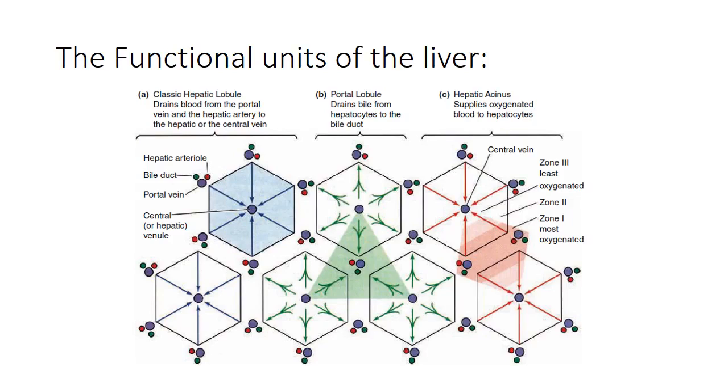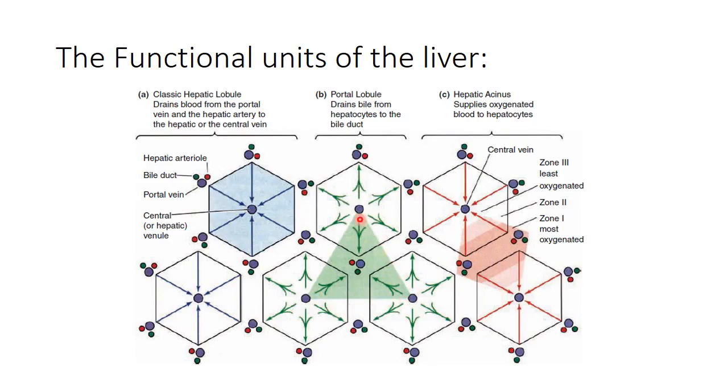A second way of looking at the liver in regard to its functional unit is by viewing the portal lobules. This theory of viewing the liver is mainly concerned with the bile synthesis and bile drainage from the hepatocytes to the bile duct. So this area is triangular in shape.